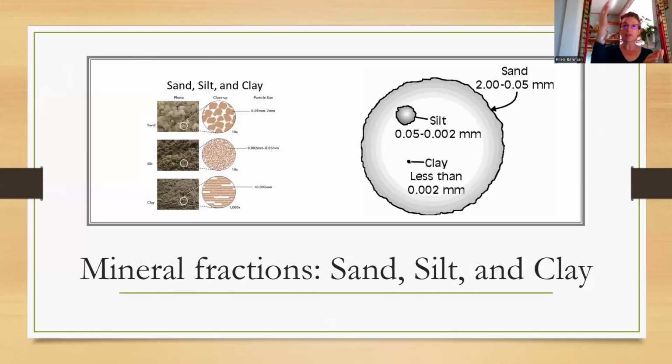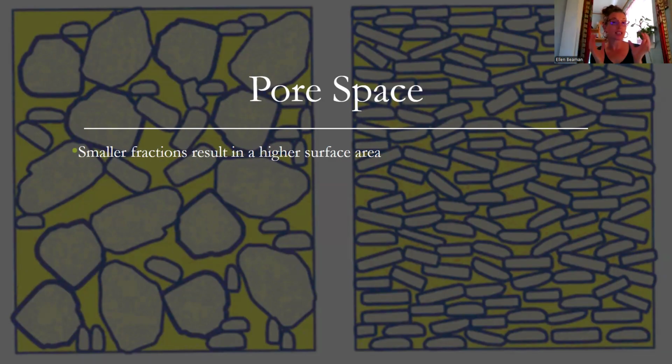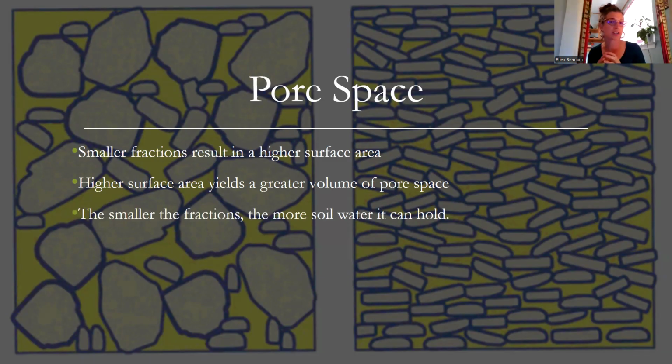So not only do we have the surface area of the outside of the basketball, we have that plus all of these tiny particles inside the basketball, which leads me to pore space, as I just mentioned. Smaller fractions result in a higher surface area within a given volume. Higher surface area yields greater pore space. So the smaller the fractions, the more water the soil can hold.